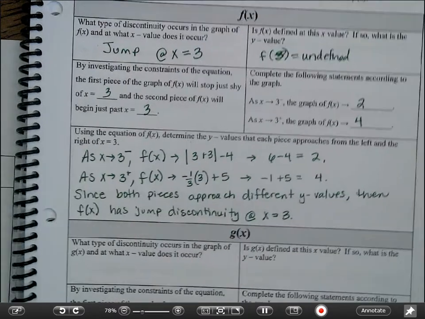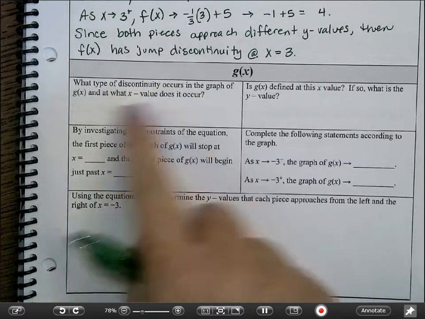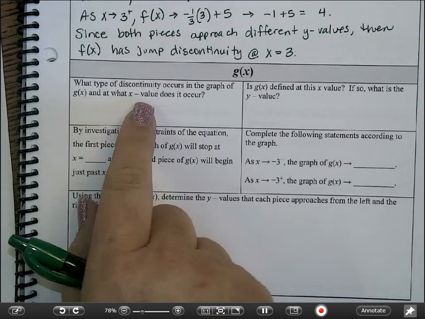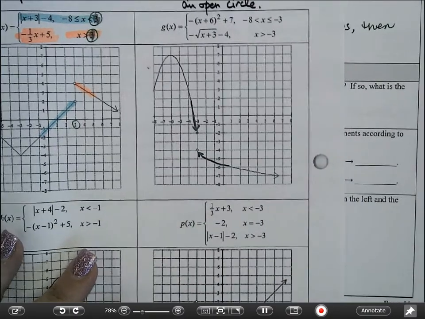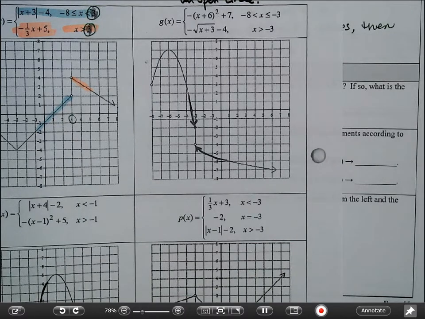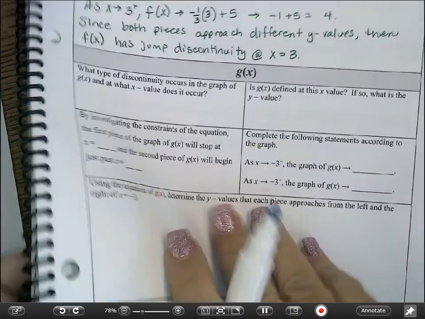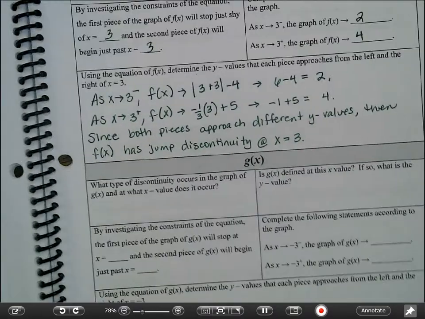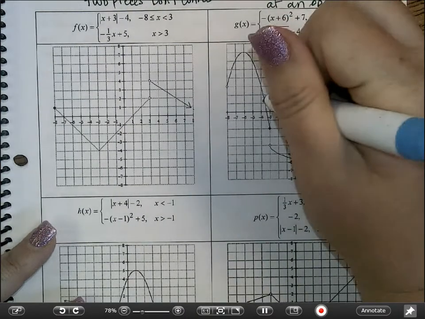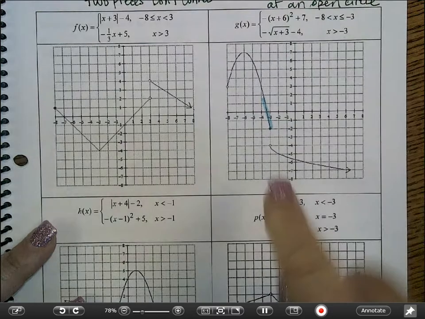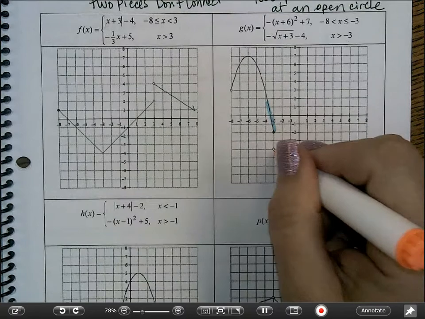Now let's take a look at g of x. What type of discontinuity occurs in the graph of g of x, and at what x value does it occur? So if I take a look at the graph, stop here, and then this one continues.